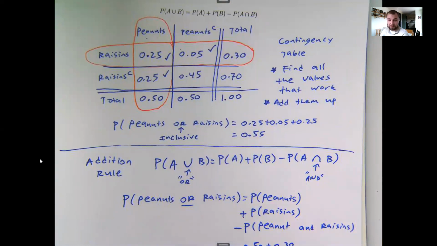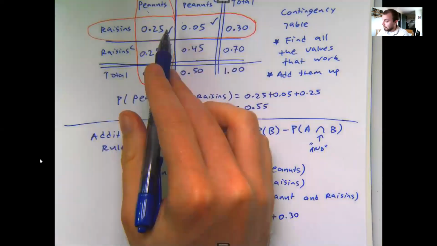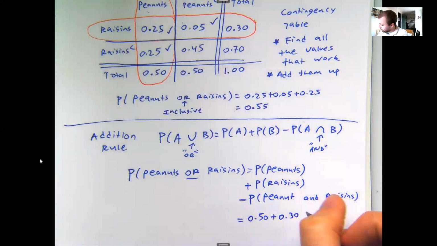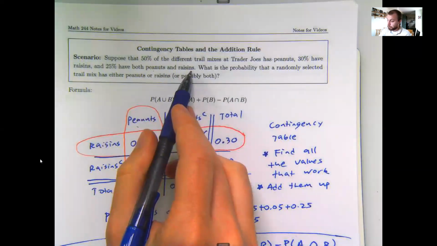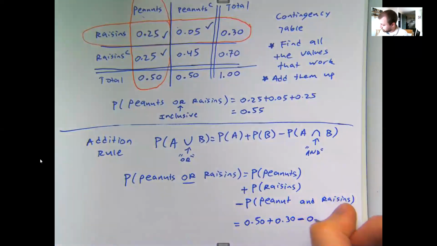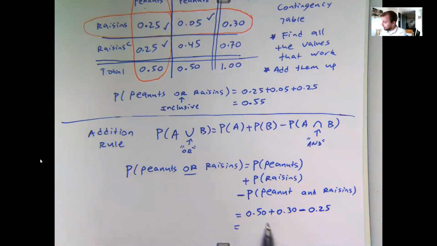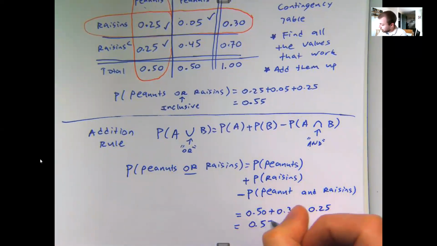And it's really tempting just to add those two numbers and call that a day, but I can see in my picture above here, I'd be making a mistake. I'm overcounting this spot. So I need to subtract raisins and peanuts here, 25%. And when I do this, I have 80% minus 25%. That gives me 55%.